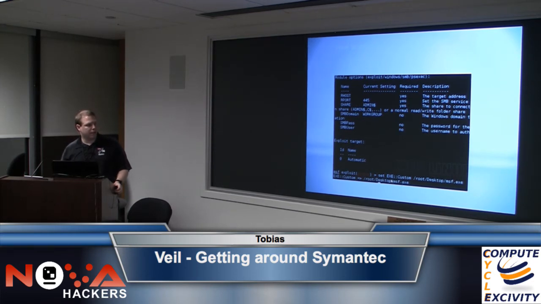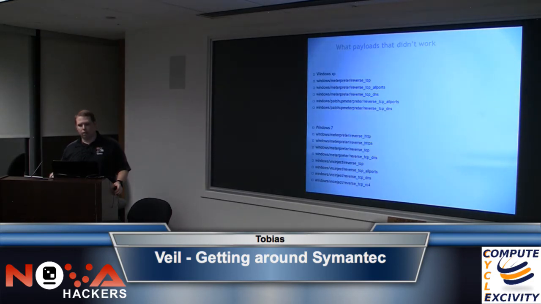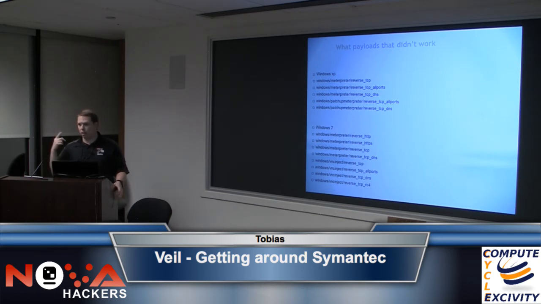If you type set EXE::Custom, and then wherever your exe is at, that'll let you use that custom exe instead of a payload or something. At the time that I ran it, those were the payloads that didn't work on Windows XP and Windows 7, and I meant to always get back with Chris and figure out what was the deal with them. I think it was just the way that the functions ended up writing.